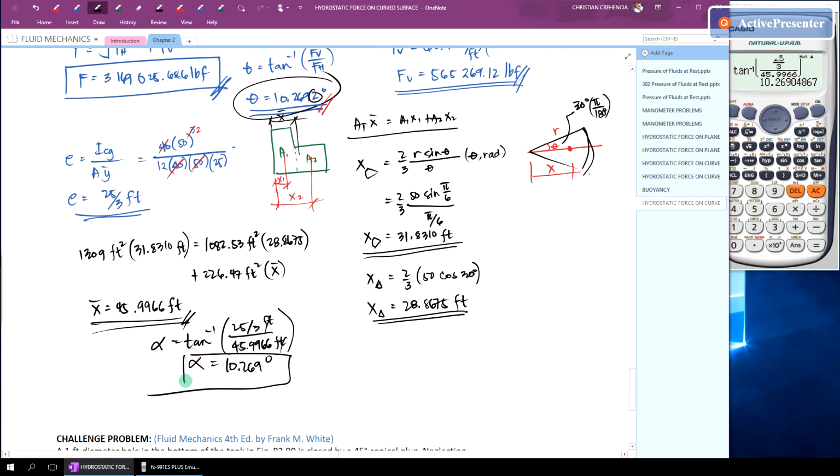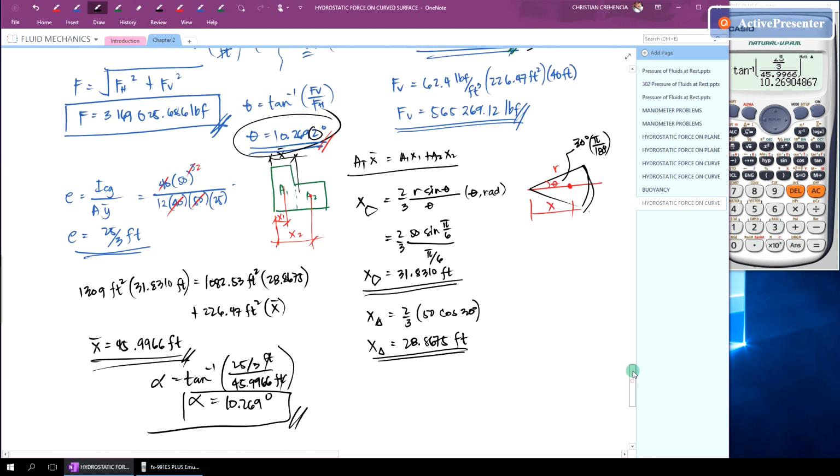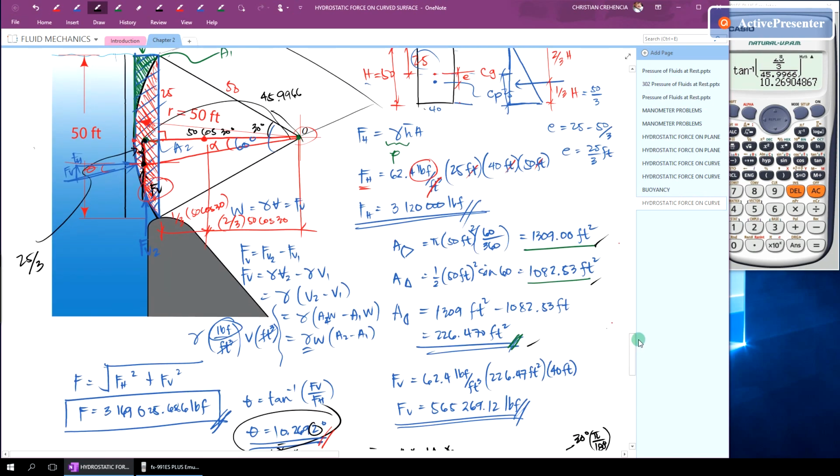So this proves that the hydrostatic force F will pass through point O.